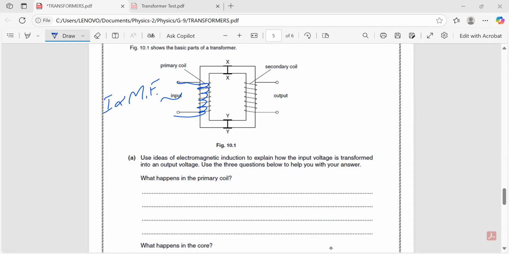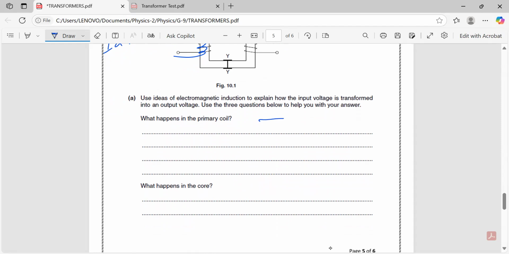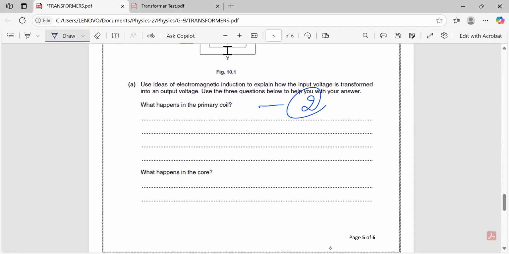So what you have to write is that there will be an AC input which causes the constantly changing current through the coil. That changing current causes the magnetic field which is constantly changing again, okay? This is what is needed here in the primary coil. So 2 marks are there for this part. So we have completed these 2 points.